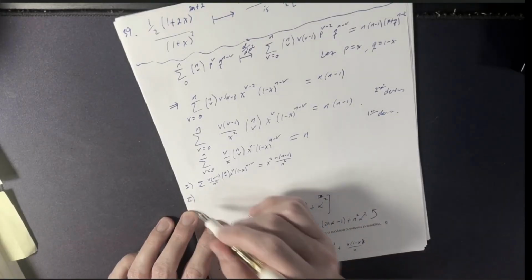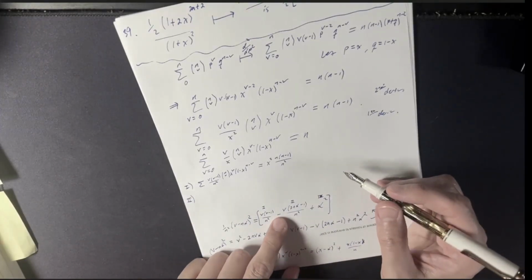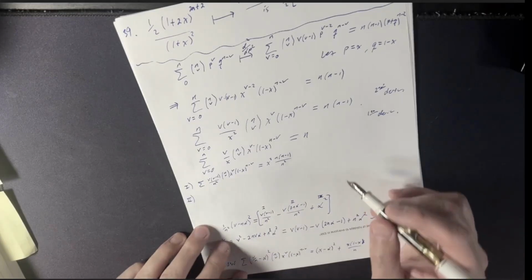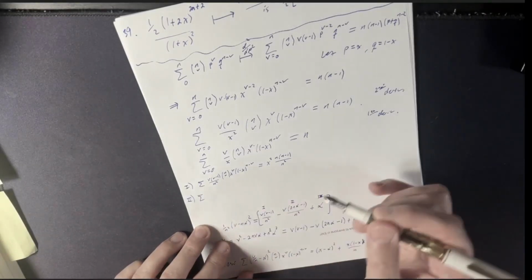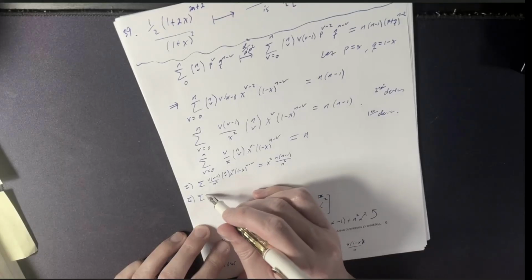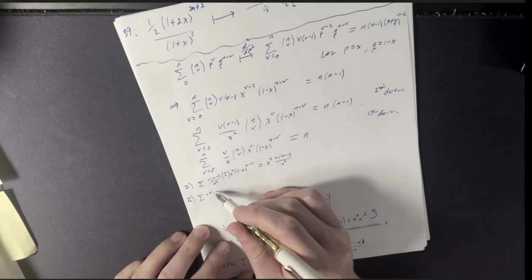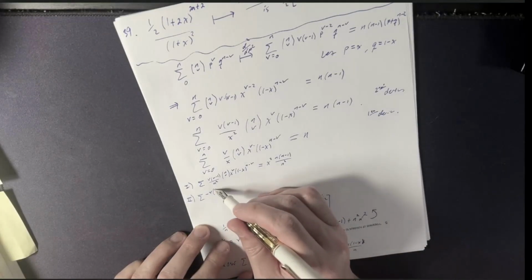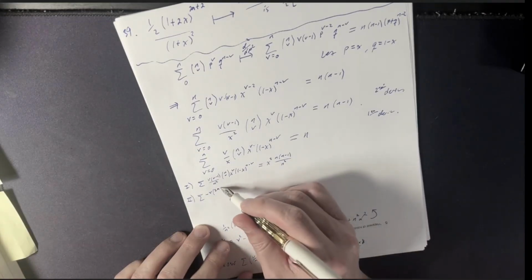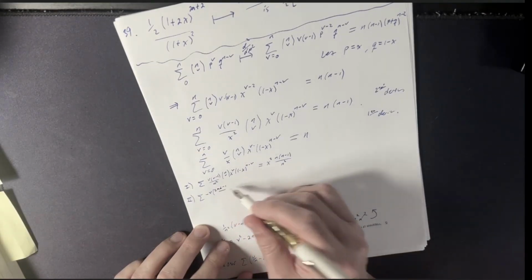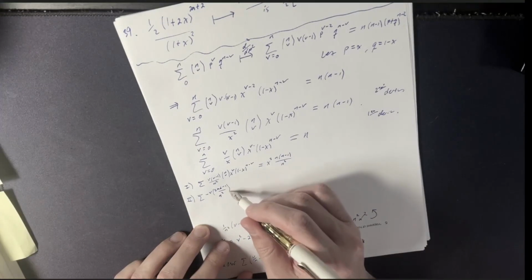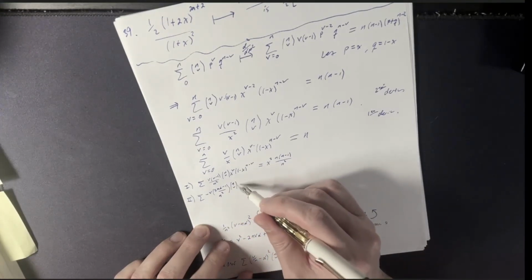For term 2, I got this stuff in the middle with a negative sign. It's the sum of negative v, and then you got this stuff, 2n alpha minus 1 over n squared. And the rest is the usual.